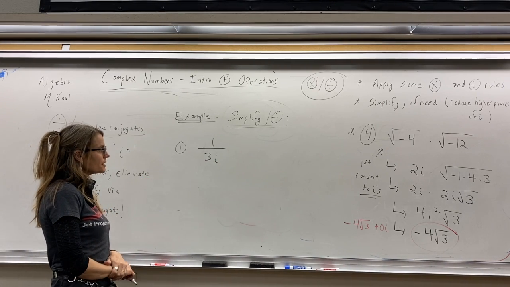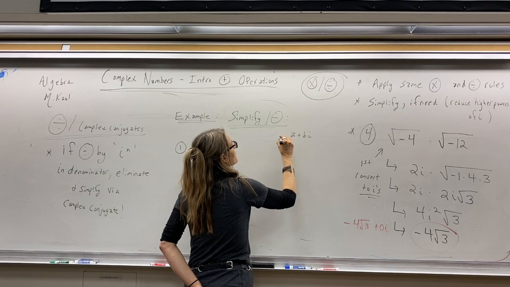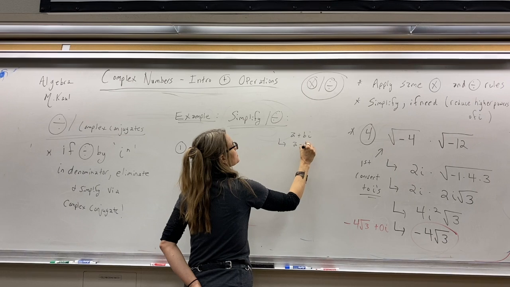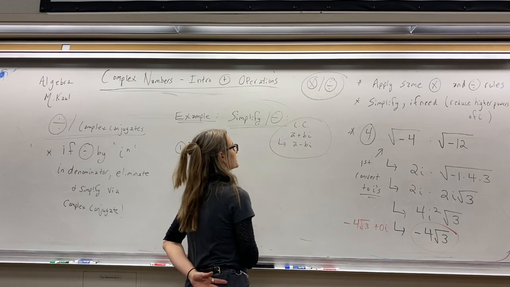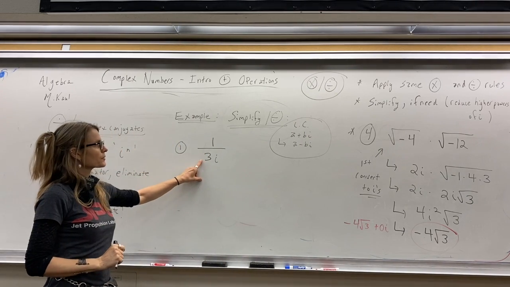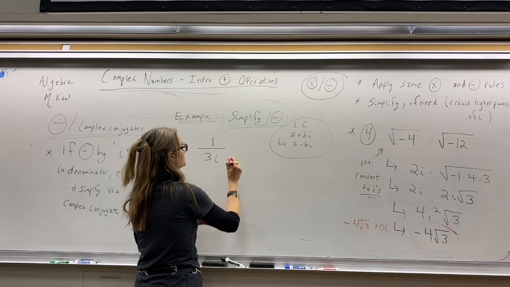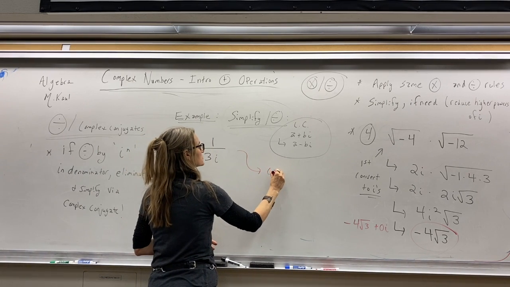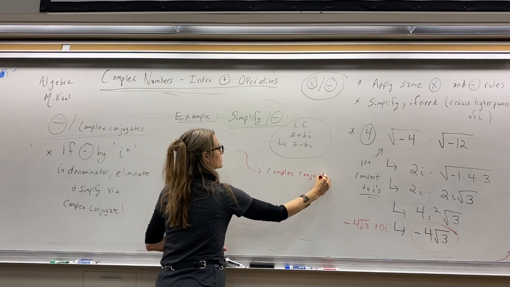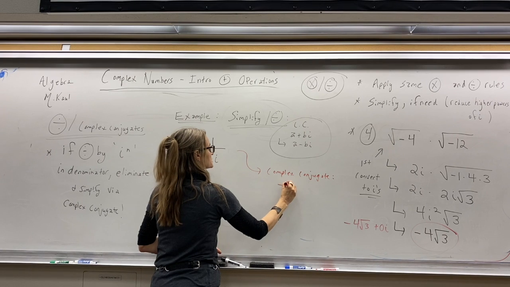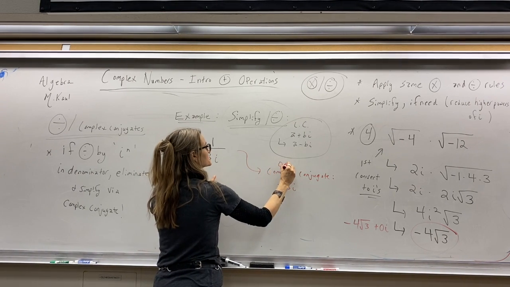So the complex conjugate, if you remember, is if you have a plus bi, the conjugate would be a minus bi. Okay, that's my CC. In this case, I don't have a real number part, that's just 0. So the complex conjugate here is just minus 3i. So what we have is 0 plus 3i.